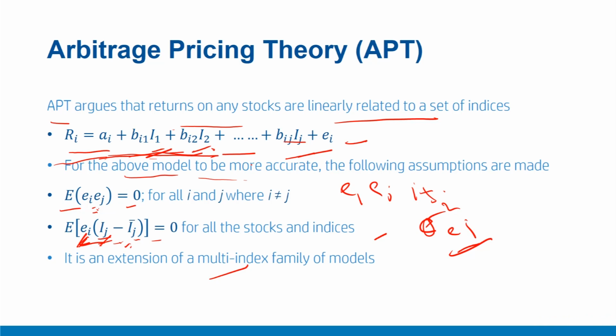Essentially, APT is the description of expected returns when the process that generates these returns can be defined by a single or multi-index model, as seen here. The precise contribution of APT is in reaching the equilibrium expected returns from a given single or multi-index model family return generating process. Lastly, in this video, we also made a comparison between CAPM and APT.